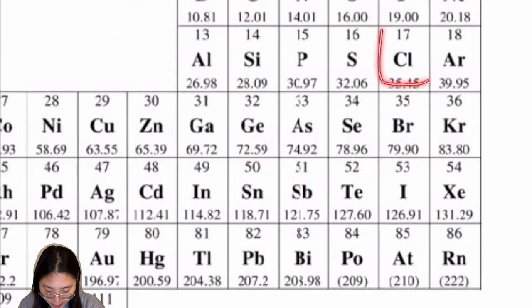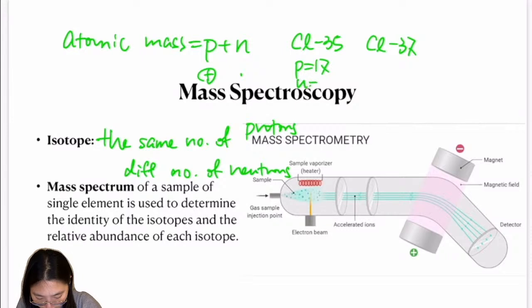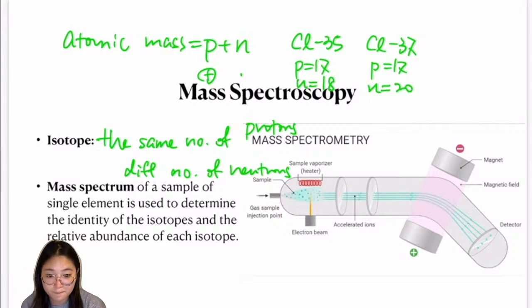Based on the periodic table, we know that chlorine has an atomic number, or proton number, of 17. That means chlorine 35 has 17 protons, and it has 35 minus 17, which is 18 neutrons. Chlorine 37 also has 17 protons, but it has 2 more neutrons, which is 20. That's why these two chlorine isotopes have different atomic masses.